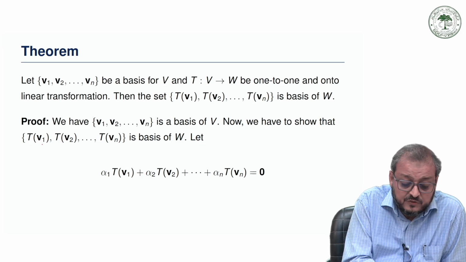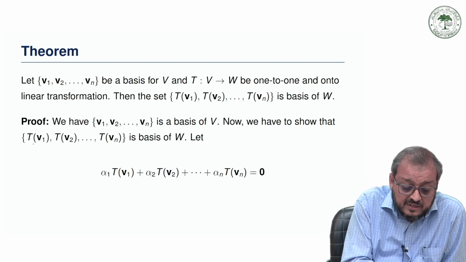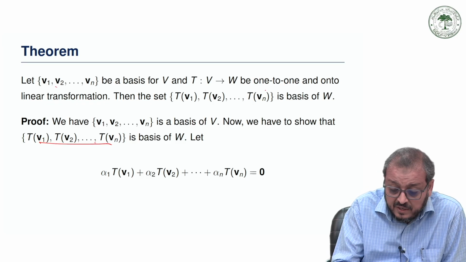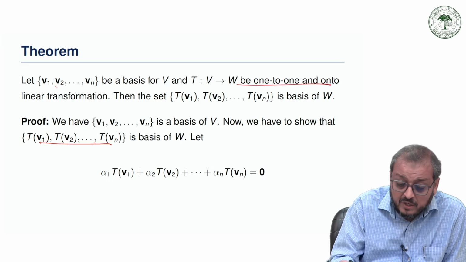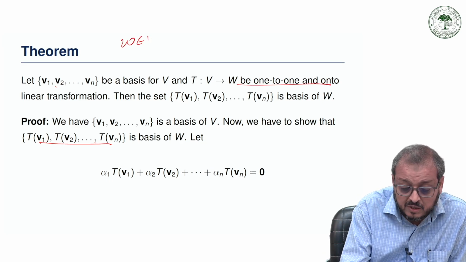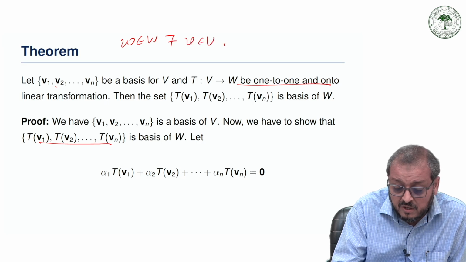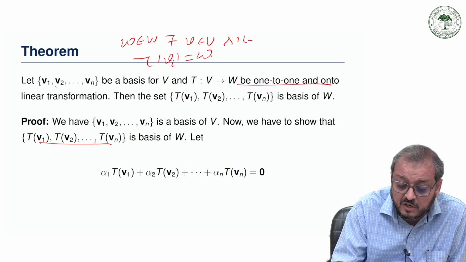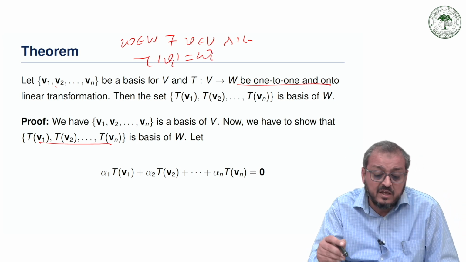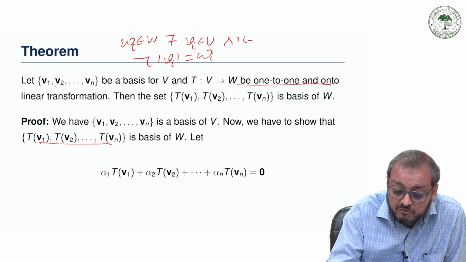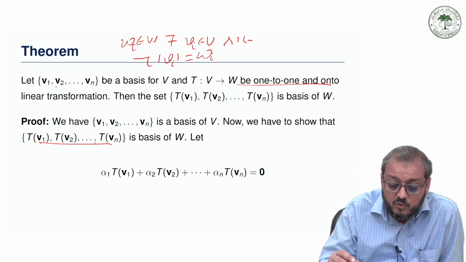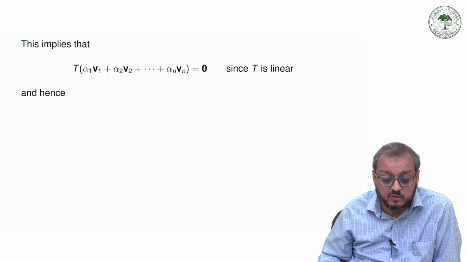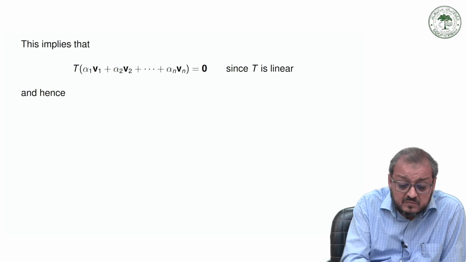First we try to show linear independence. We write a linear combination of these vectors equal to the zero vector. Now T is given as one-to-one and onto. So for any W in W, there exists some V in V such that T of V is equal to W. So T of Vi is equal to Wi.